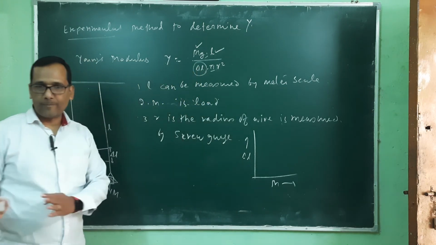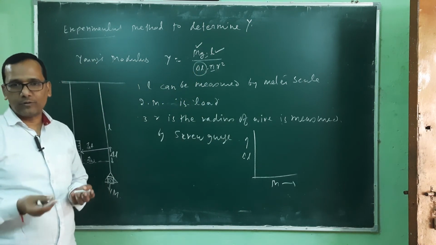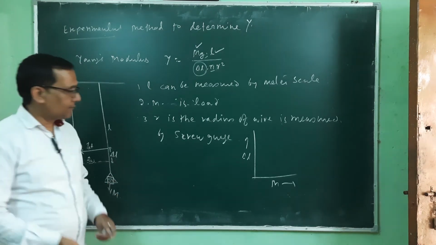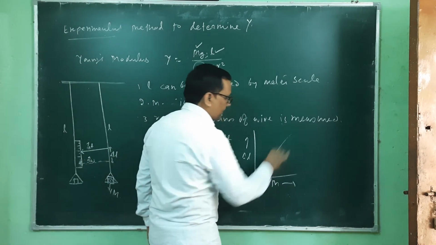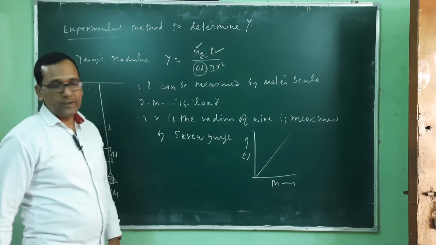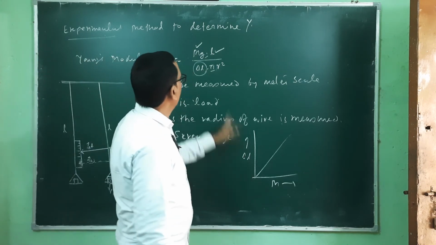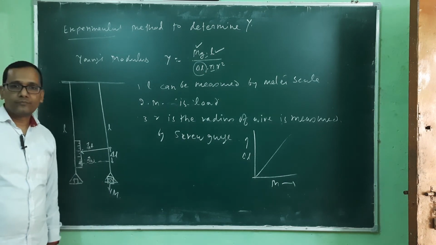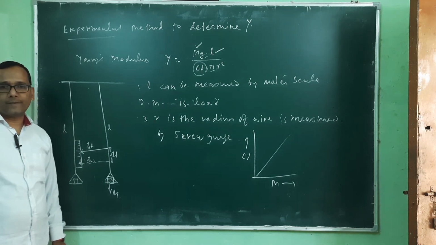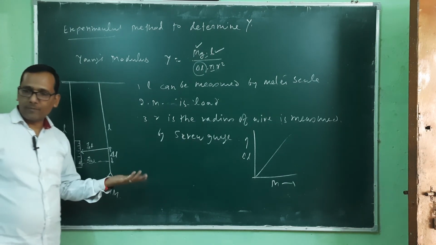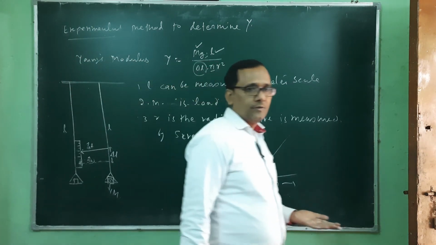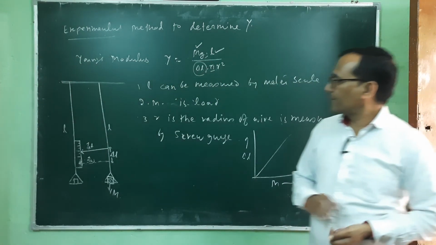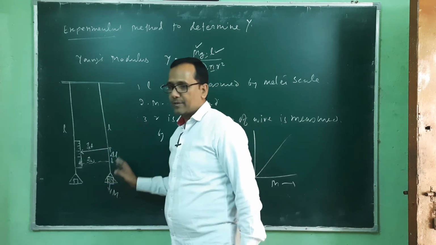For different masses, different L is measured, and we get a straight line. The ratio of these two can be substituted here, and Young's modulus can be calculated. So this is the method of calculating Young's modulus, and this setup is the Young's modulus measurement setup.